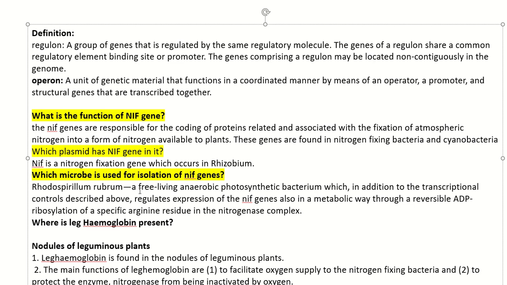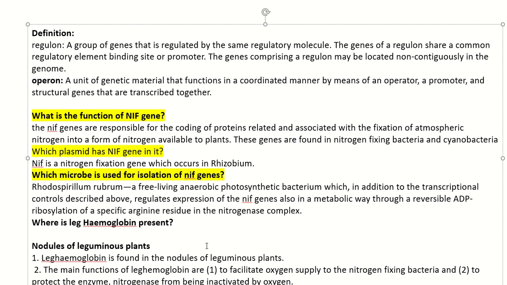Always Rhodospirillum rubrum, that is a free living and anaerobic photosynthetic bacterium, which in addition to transcriptional control, as we have described previously, has a metabolic way to modify this arginine residue in the nitrogenase complex.